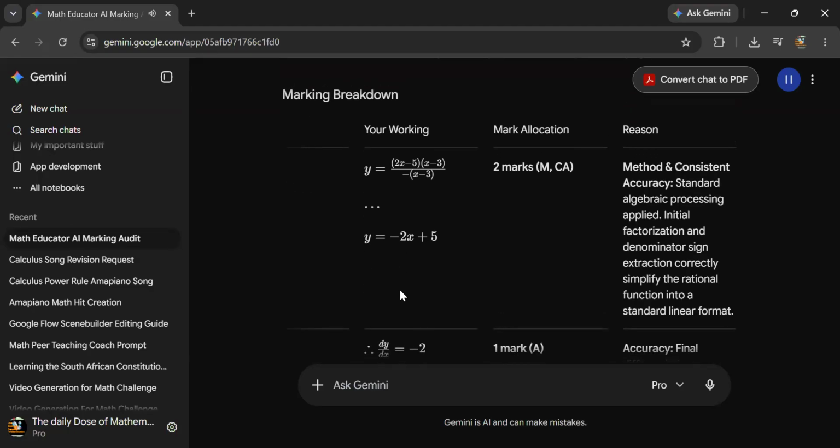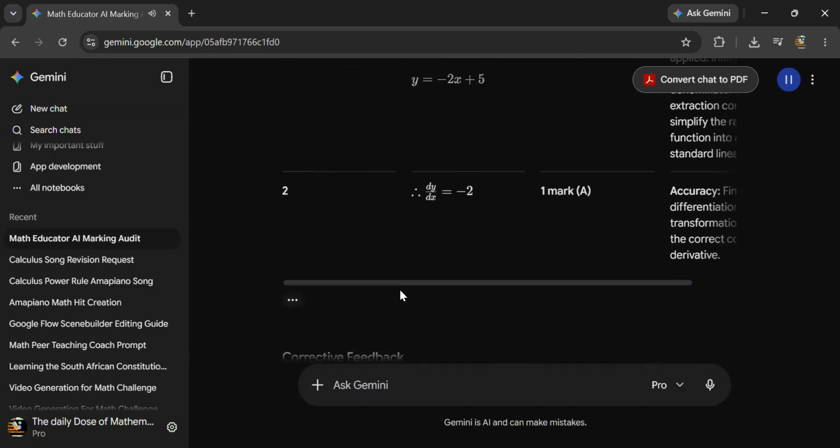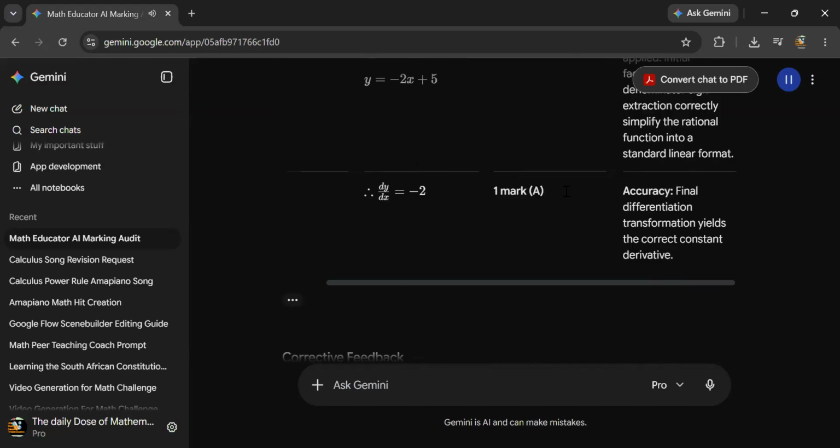Initial factorization and denominator sign extraction correctly simplify the rational function into a standard linear format. 2. Therefore, frac dy dx equals minus 2. 1 mark, A, accuracy. Final differentiation transformation yields the correct constant derivative.